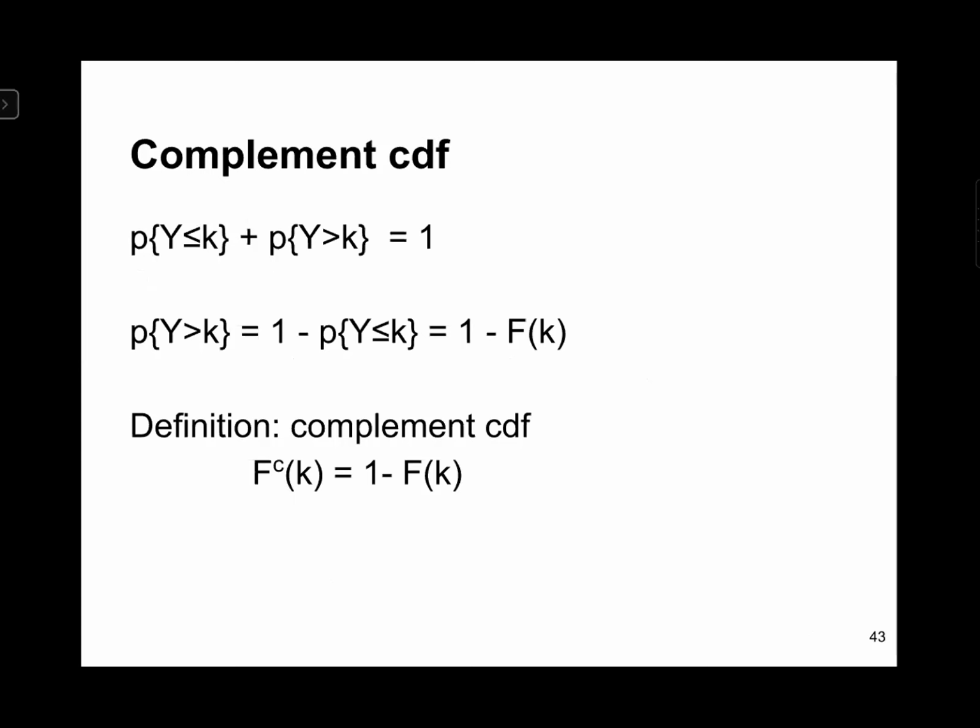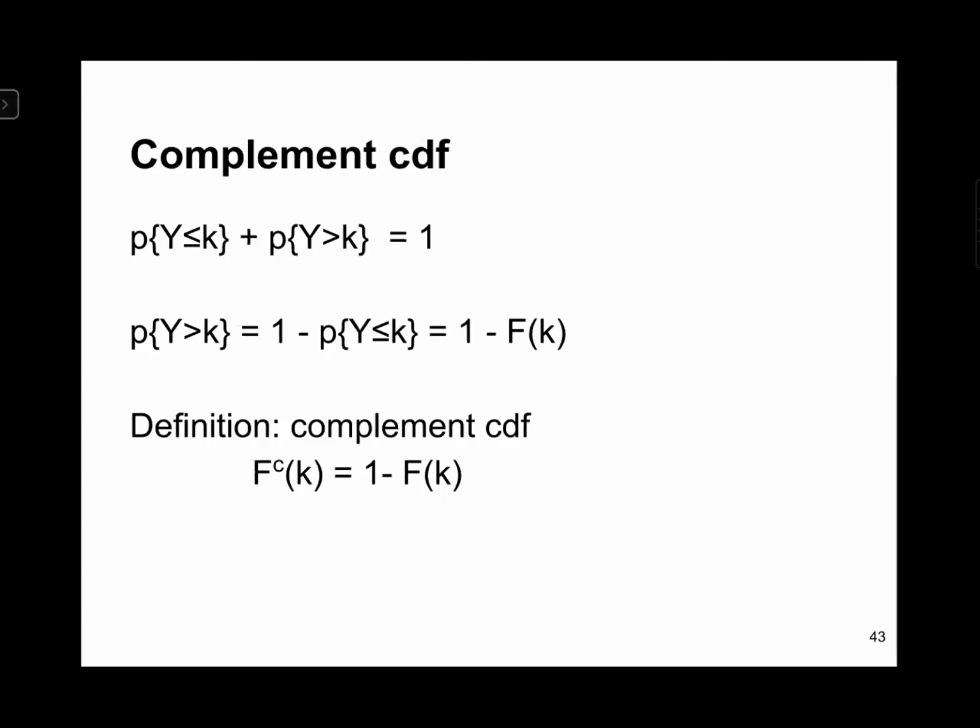A few more functions. Something called the complement cumulative distribution function. A random variable can either be at most a certain value k, or can be larger than this value.